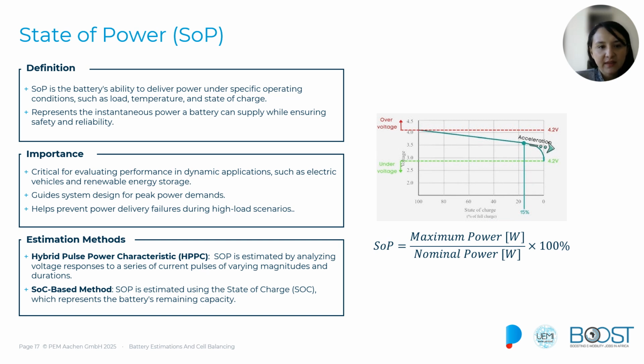And finally, the last of our parameters is going to be the state of power. The state of power is a very important parameter to estimate within our battery, because it will help us to evaluate the ability of the battery to deliver power under specified conditions, such as the different load demands that we may have, at different temperatures, at different states of charge, and so on.